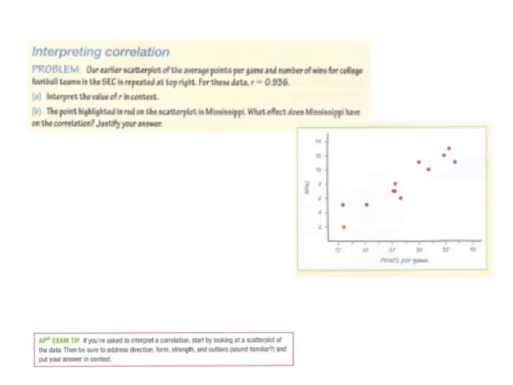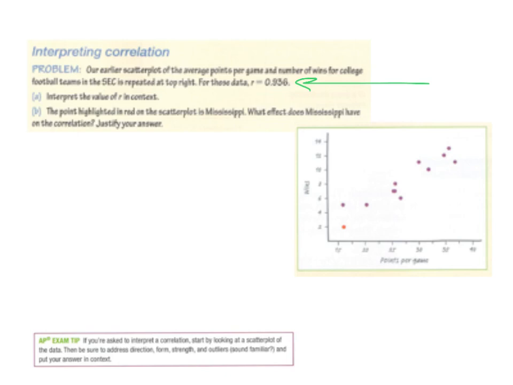Okay, so let's look at this example involving correlation. Back to the SEC football example, our earlier scatter plot of the average points per game and number of wins for college football teams in the SEC is repeated at the top right, so it's over here on the right for us. For these data, our correlation is r = 0.936.